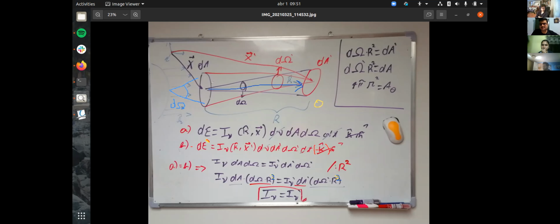Don't you think? So you're saying that if this angle is different than this one, then there's a third solid angle that comes from the light source towards the second. Only the left disk.